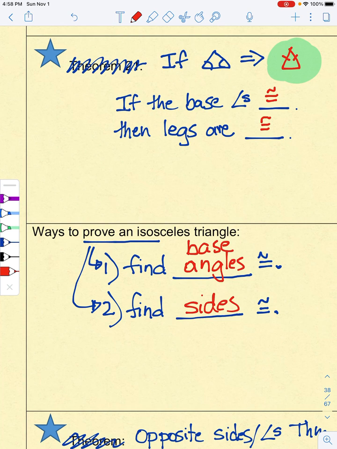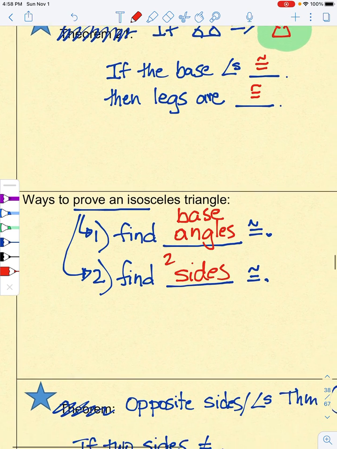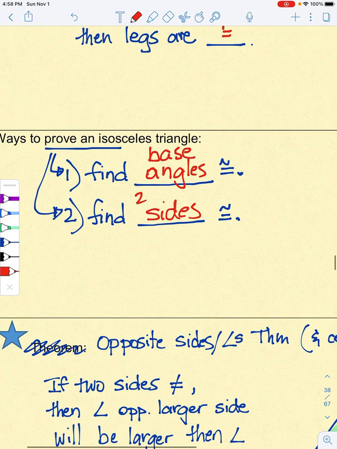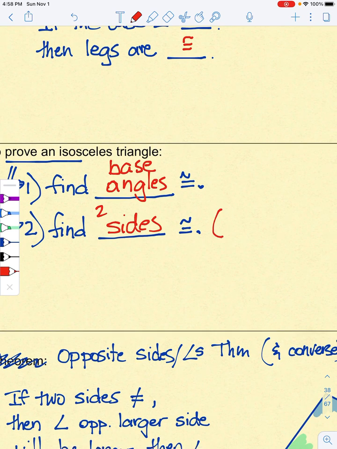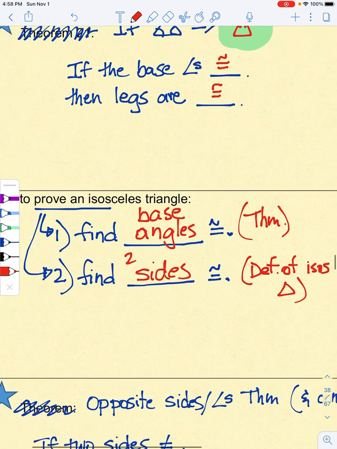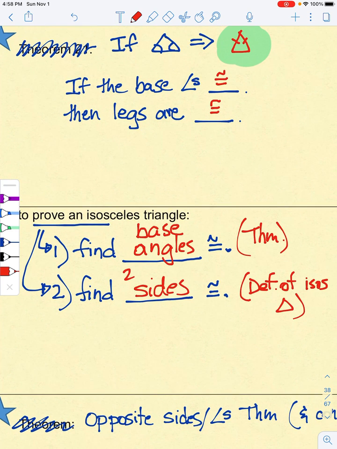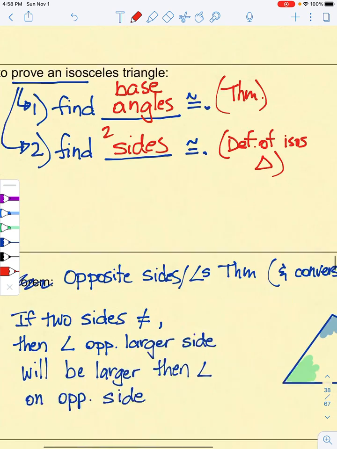And find two sides. This is just a good strategy. By the way, this is the definition of isosceles triangles. And then this is the theorem that we just quoted above. If the base angles are congruent. Okay?